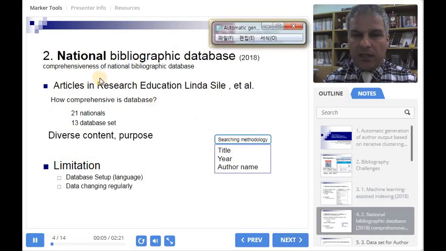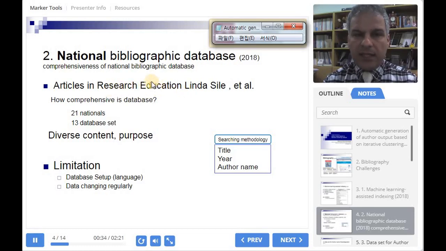Another article is talking about bibliographic databases, which uses national databases. This article, provided in 2018 by Linda Seil, was published in Research Education Journal.